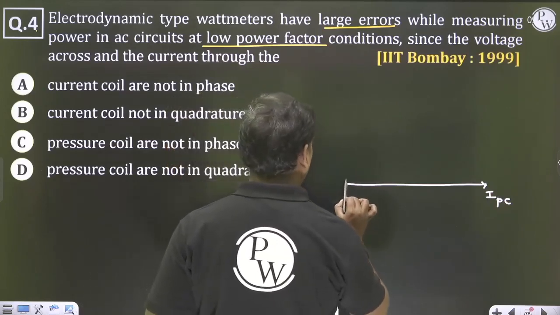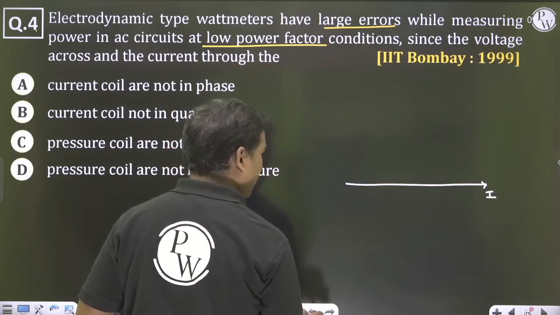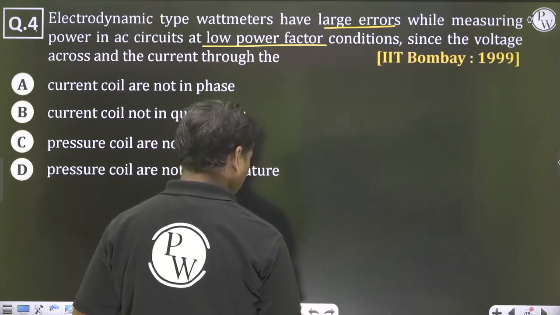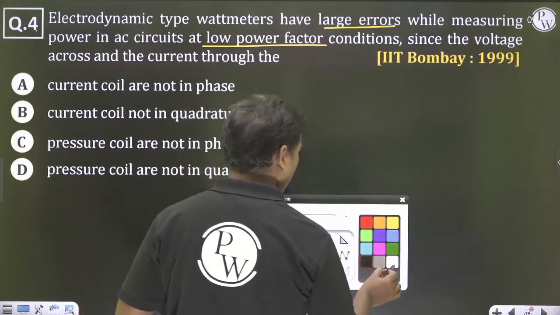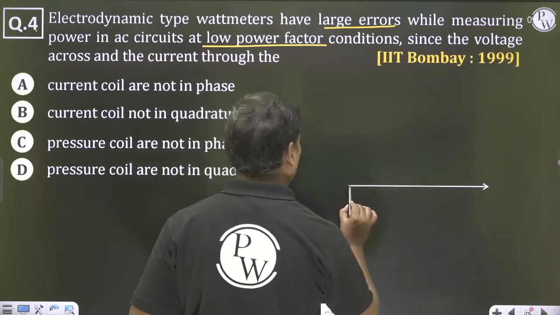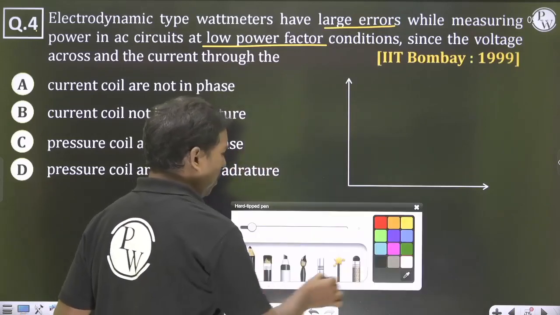Let me write it. This is the current passing through the pressure coil, and we expect this is the voltage in the pressure coil.